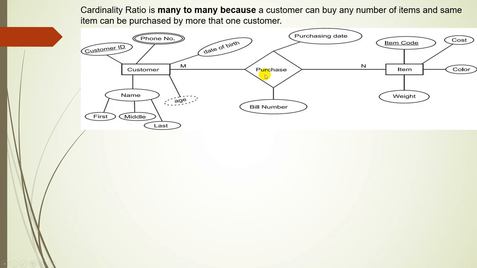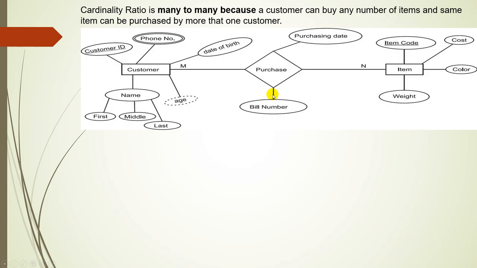So in this table or in this relation, customer 1 via the bill number 1 and purchase date 1 purchases the item 1, for example. Again, the same customer 1 with the same bill number and the same purchase date purchases the item 10, for example.